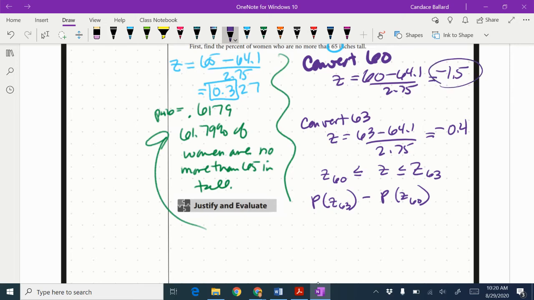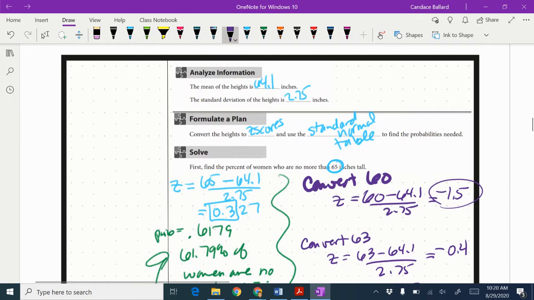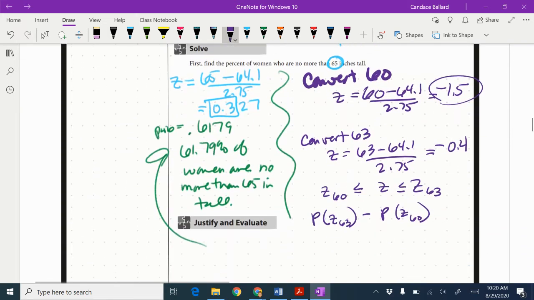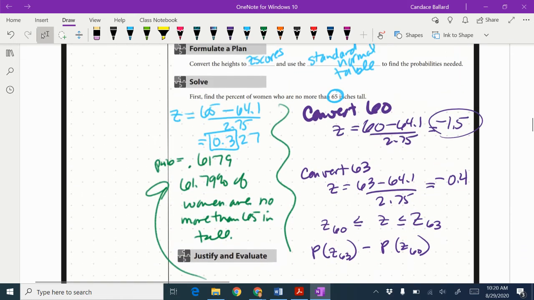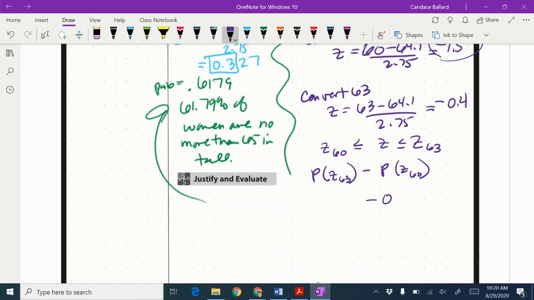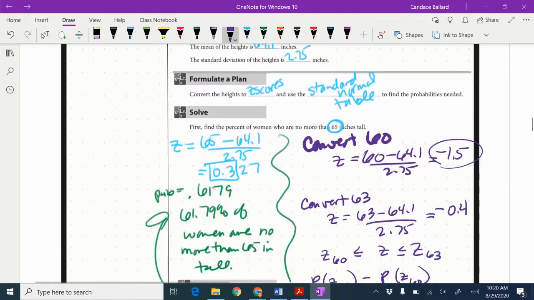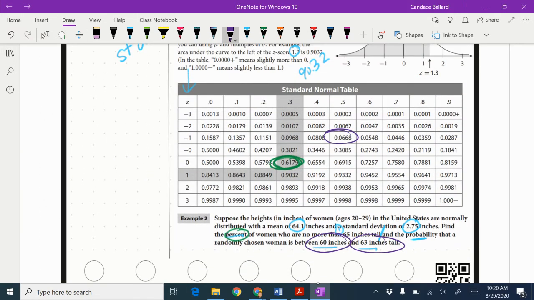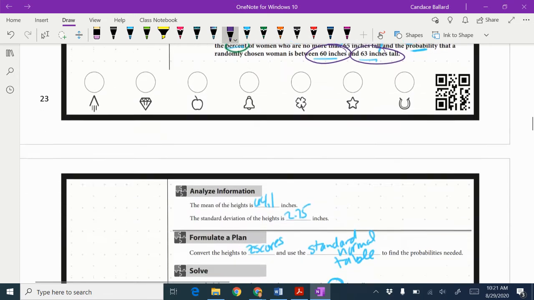So for my z-score at 60, I need to go to negative 1.5. So negative 1.5 would be right here, so 0.668. And that was 60, so minus 0.668. And then my z-score of 63 was at negative 0.4. So negative 0.4 is 0.3446.